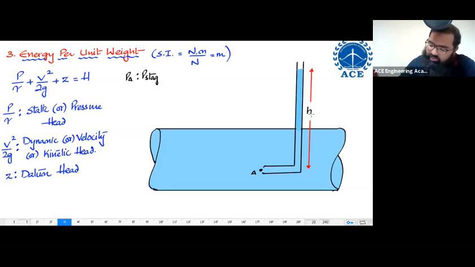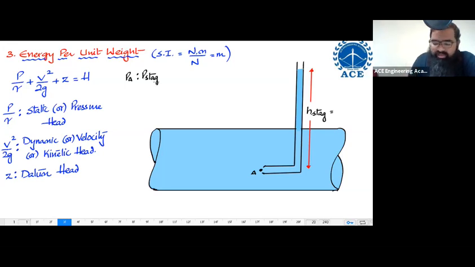Therefore, this has to be equal to H stagnation. How much is H stagnation equal to? H stagnation will be equal to P stagnation divided by gamma. Remember, I told you that whenever you want to calculate head, all you have to do is take the pressure divided by gamma.